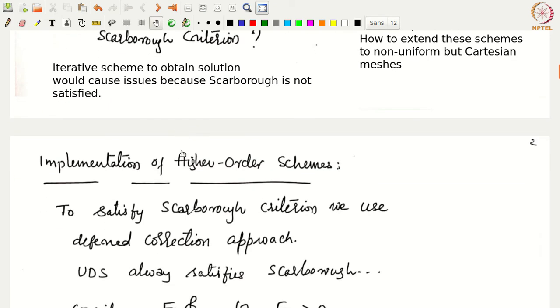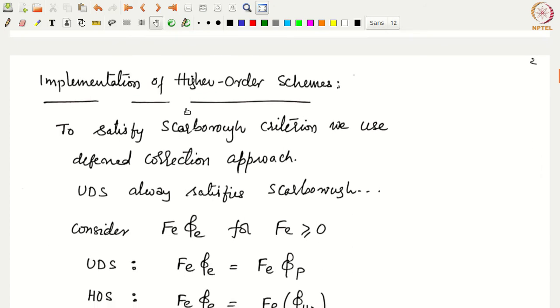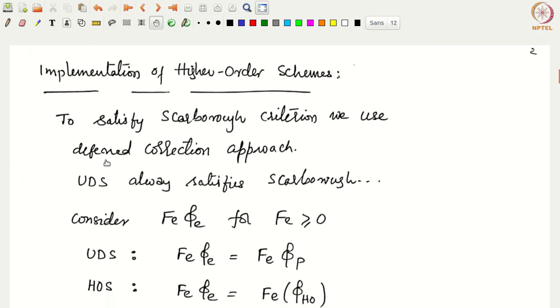Implementation of higher order schemes. We will see how we go about this problem. Essentially, to satisfy the Scarborough criteria, we use something known as a deferred correction approach.